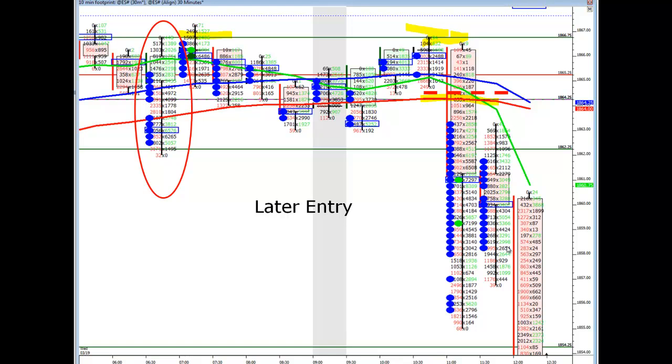So as you can see now, using the profile concepts, we get a fairly coherent idea about what's likely to happen. Using the profile tools, we begin to structure the trade, and we begin to identify the entries based on what's happening relative to the profile.